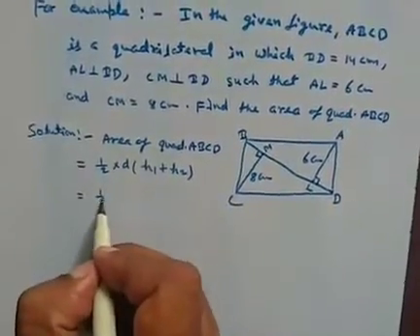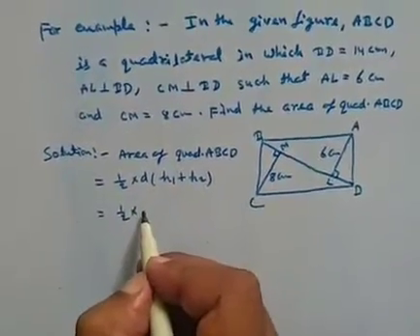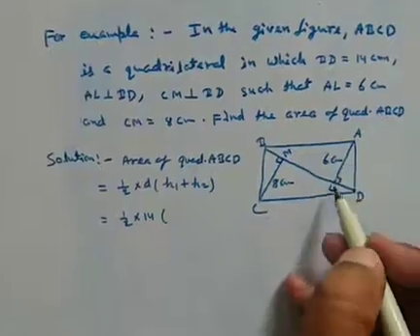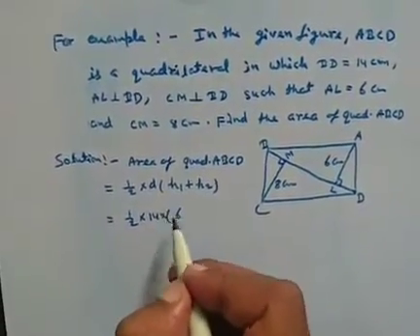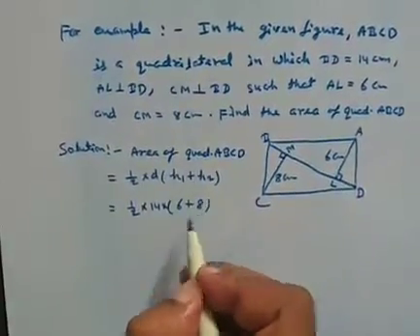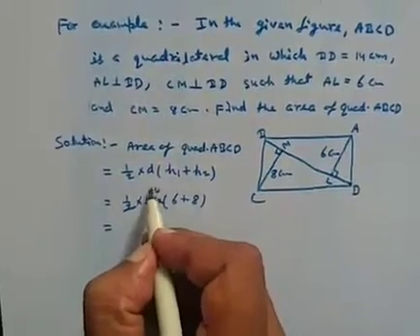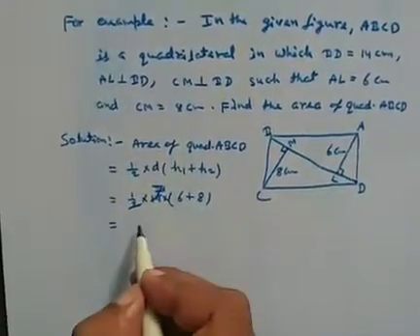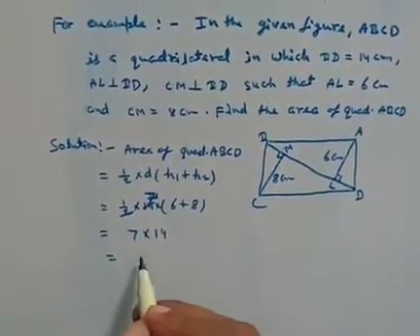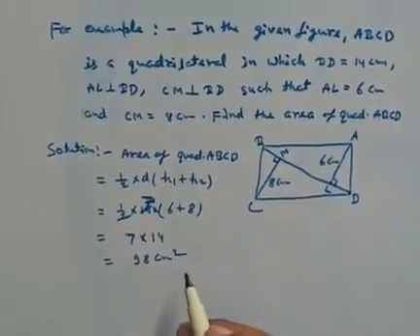Here D for diagonal BD is 14 cm and H1 is 6 cm and H2 is 8 cm. Half into 14 equal to 7 into (6 plus 8), that is 14. 7 times 14 is 98 centimeter square. This is our answer.